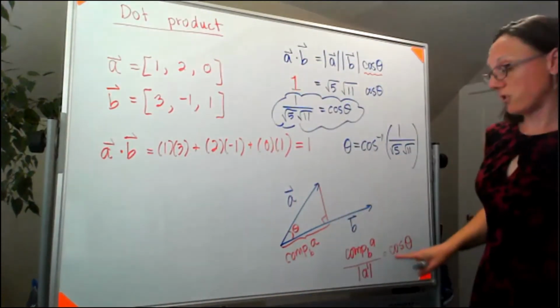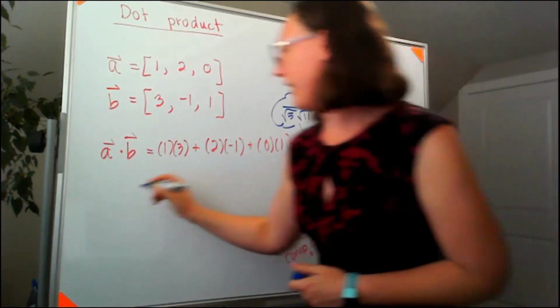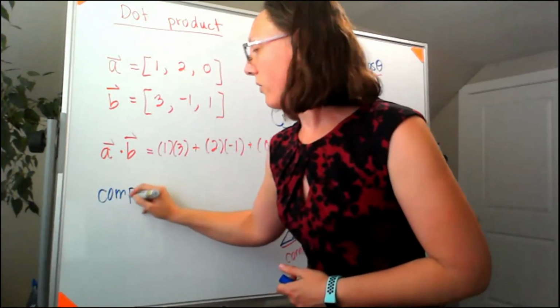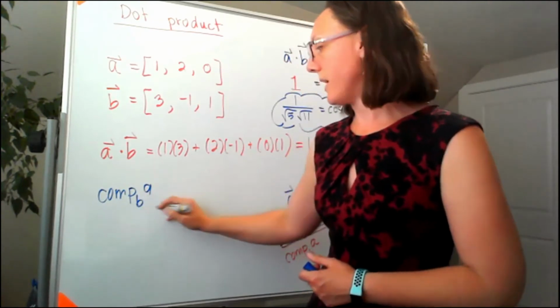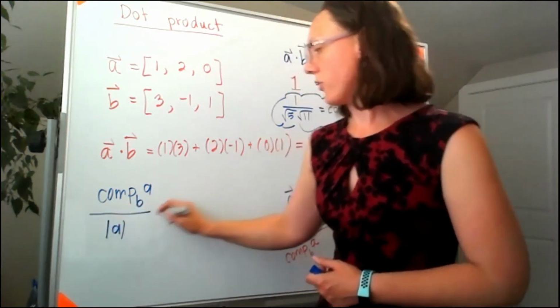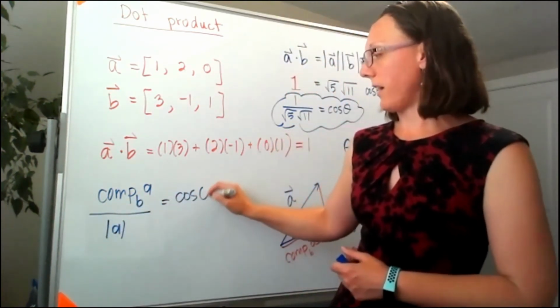Ran out of space over there. So if I rewrite this, I've got the scalar component of A onto B divided by the magnitude of A is equal to cosine theta.